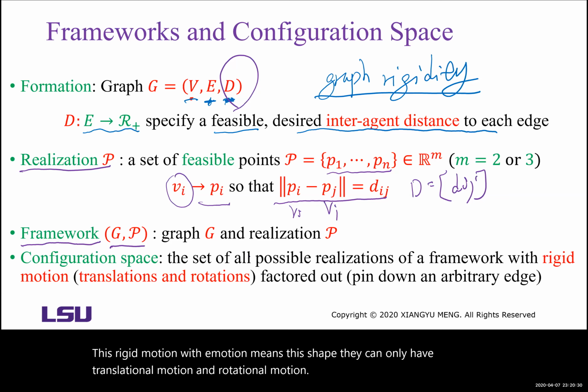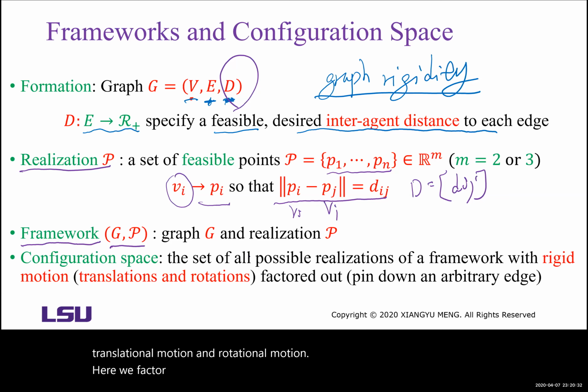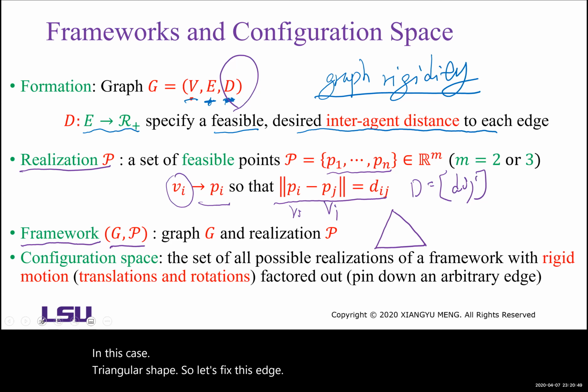Here we factor out by pinning down an arbitrary edge. For example, in this case, we have a triangular shape. So let's fix this edge.